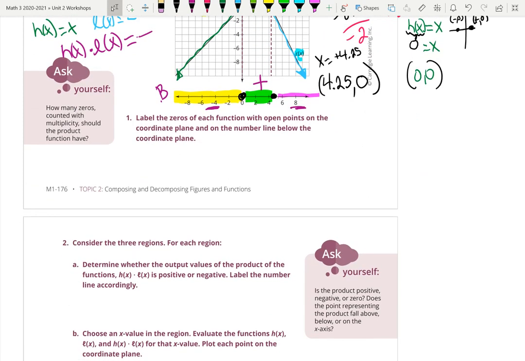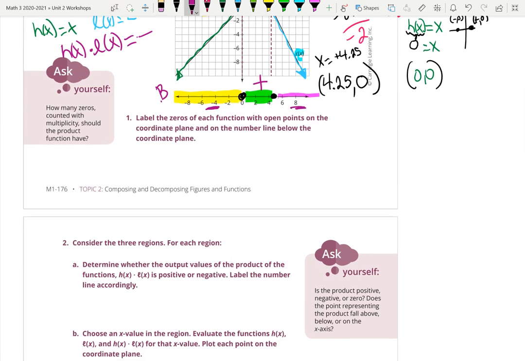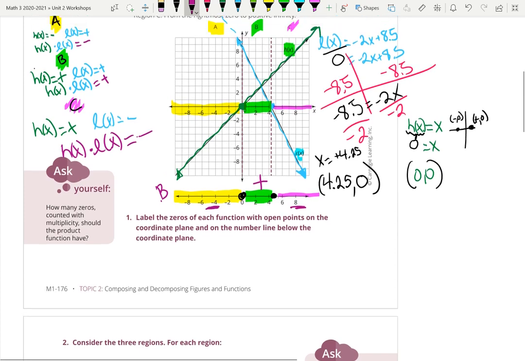So determine whether the outputs of the product functions are positive or negative. The graph is basically going from this. So let's go ahead and formalize some of these words. H of x times L of x. All of this would be here.